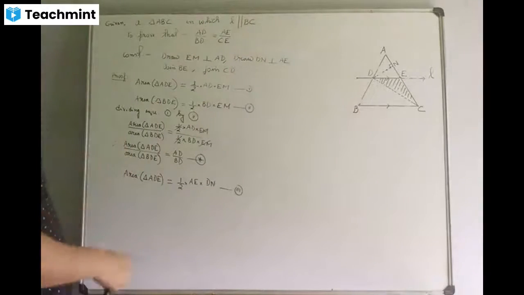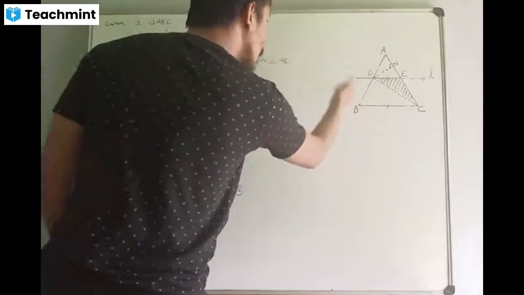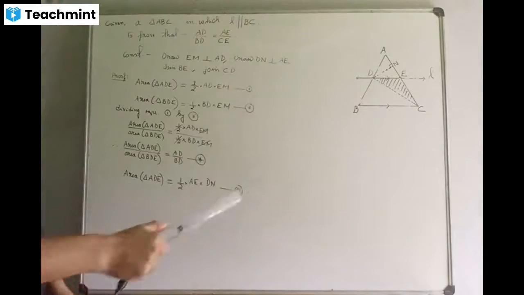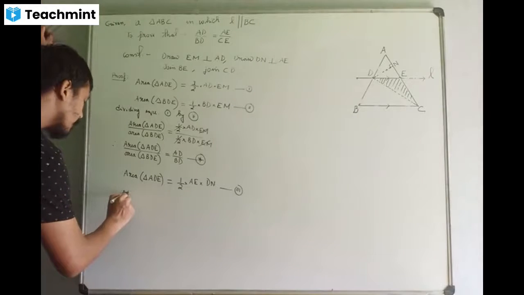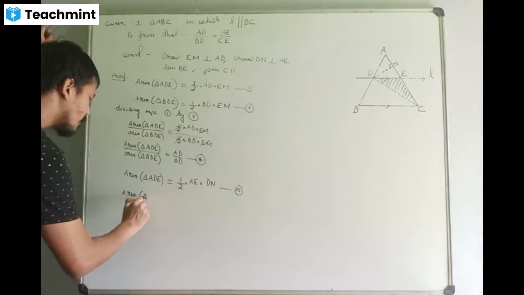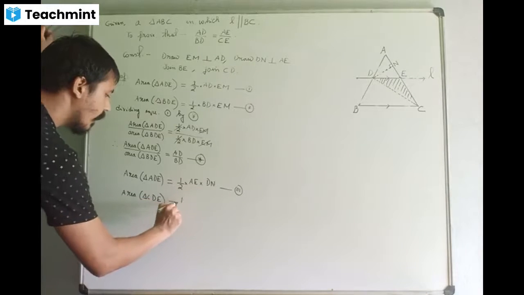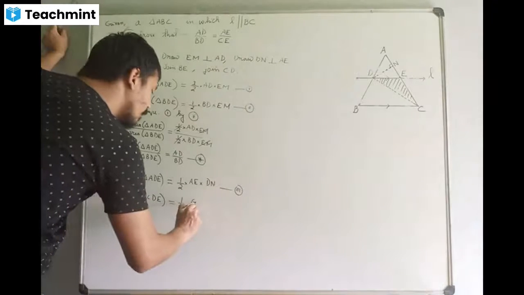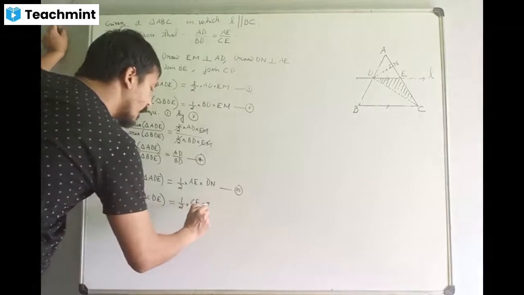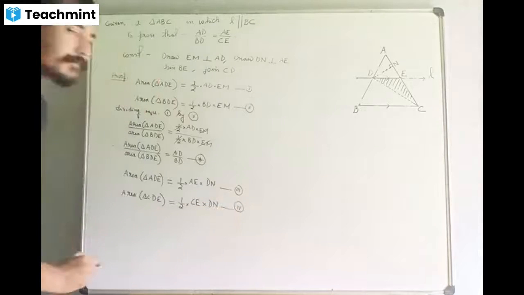Why is DN the height? Because DN is a line perpendicular to CE produced, which we have considered to be the base. So area of triangle CDE will be half into base, your base is CE that we have chosen, and DN is the height, equation number 4.